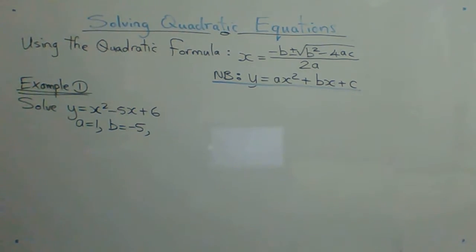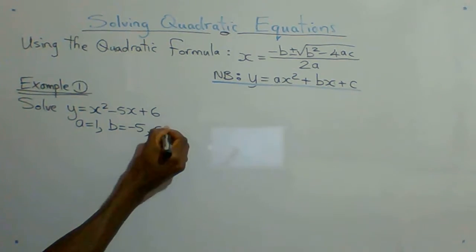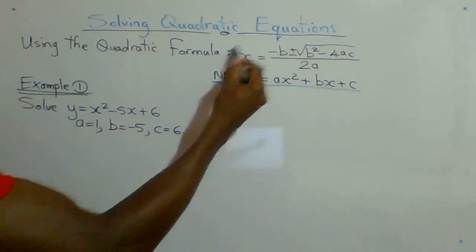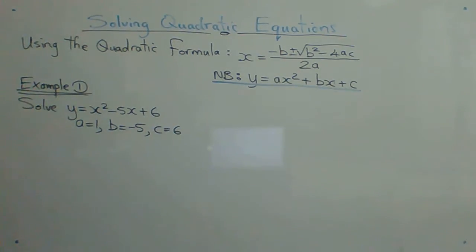And c, which is our constant, is positive 6. So now that we have correctly identified the values for a, b, and c, we can proceed to carry out substitution with the quadratic formula.